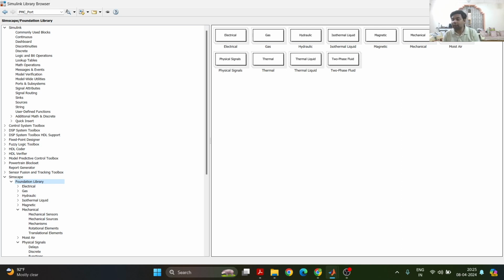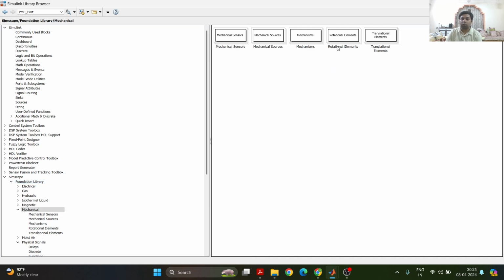We need to read out the displacement, velocity or acceleration or whatever. From the physical system, we need to convert the physical signals into a Simulink readable time-based signal that we can see, with respect to time, how the signal value is changing. So in order to get that, we need that port.